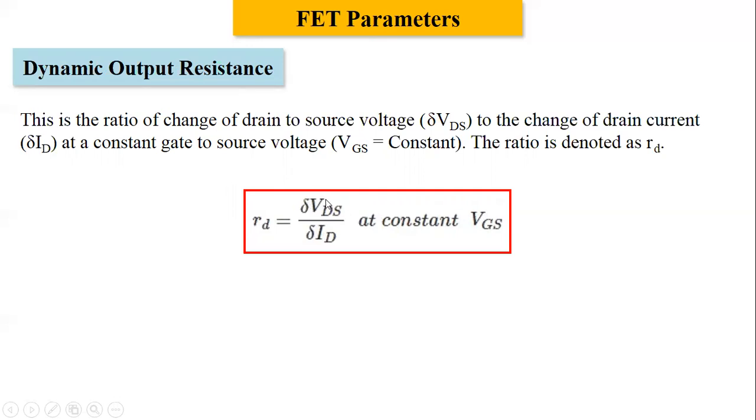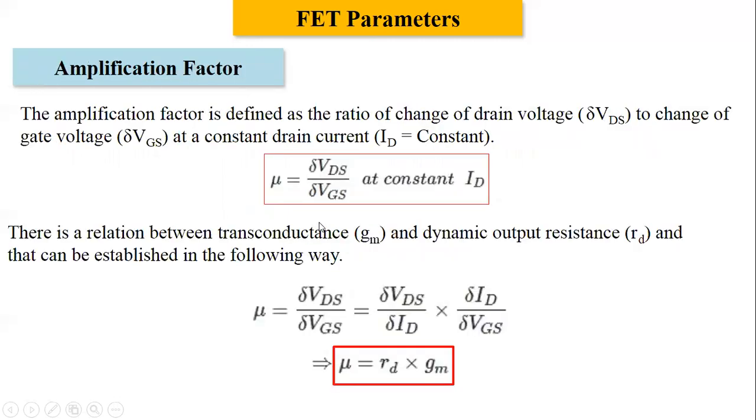So the change in VDS upon change in ID will give us the dynamic resistance. It is dynamic because the value of the ID current is going to vary. That's why we call it a dynamic variable. So that is dynamic resistance.